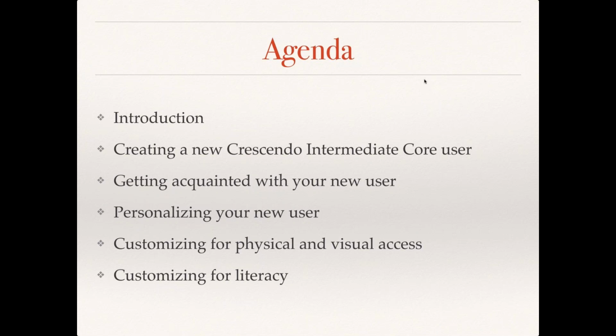There's a couple of other sections that I may or may not get to depending on how much I go on and on. There are some ways that you can customize Proloquo2Go for physical access and for visual access. We also do have some pre-recorded webinars that there are links to in the resources slides that you've got as your handout.